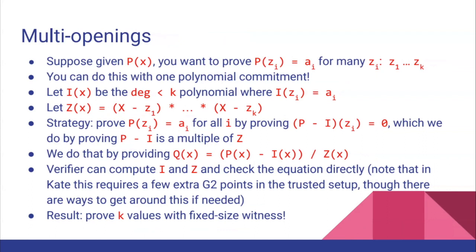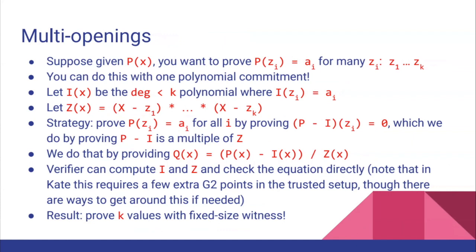We basically say, we're going to create a polynomial I of x, which interpolates all of the points that we want to prove, right? So if we want to prove that p of 3 equals 5 and p of 6 equals 42, then we interpolate and we create the low degree polynomial, in this case, just a straight line that equals 5 at 3 and that equals 42 at 6.